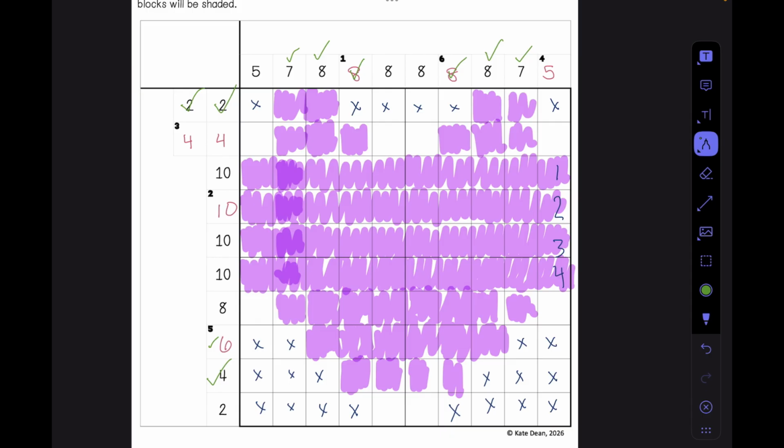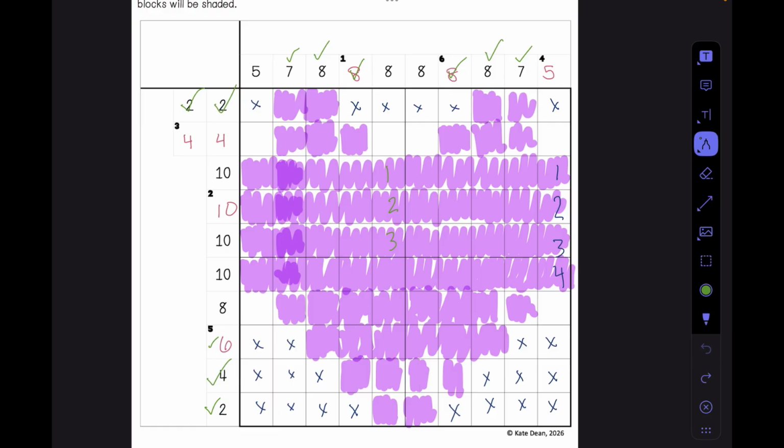And that now allows us with this two, I only have two spaces that can be filled now. And so now I know that I can shade these two, but that also gave me, along with knowing that this was good, now I have one, two, three, four, five, six, seven, eight, and the same here.